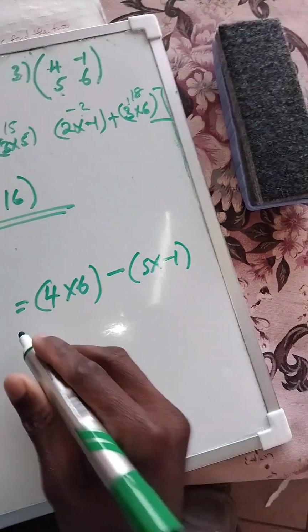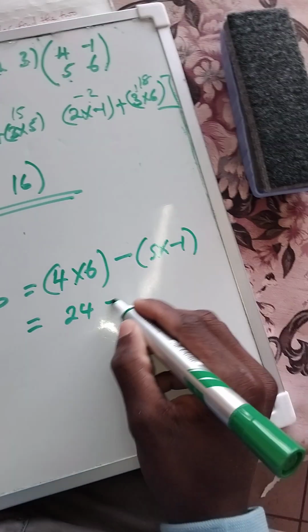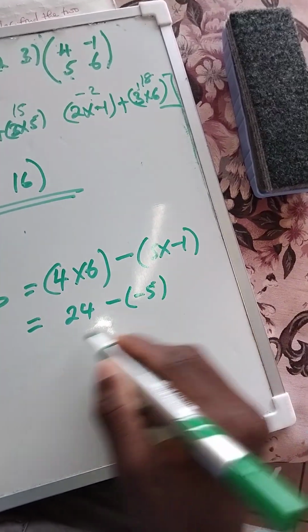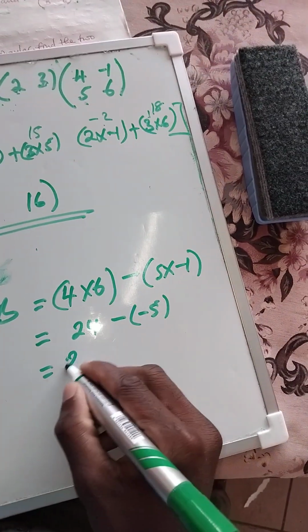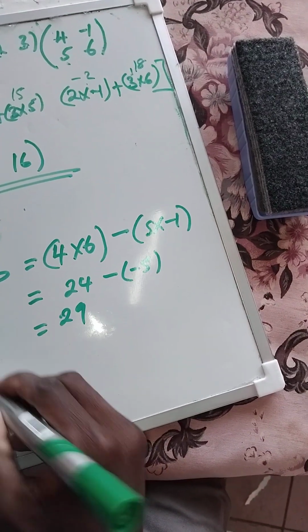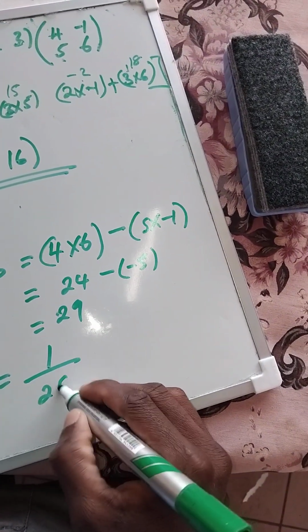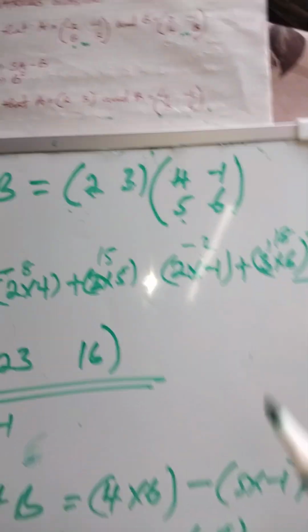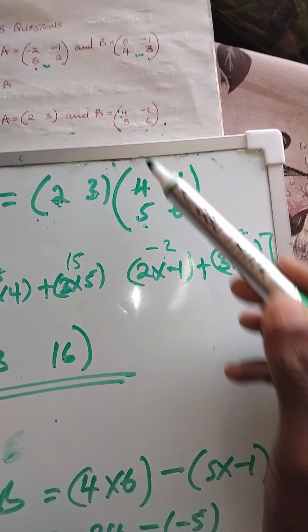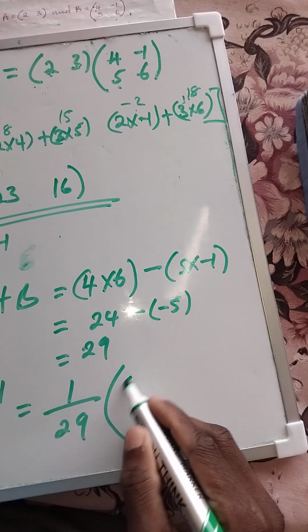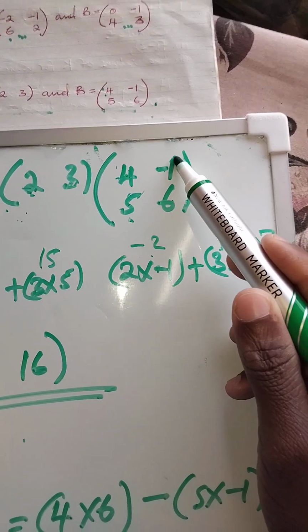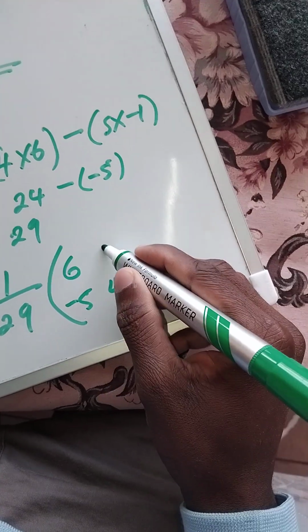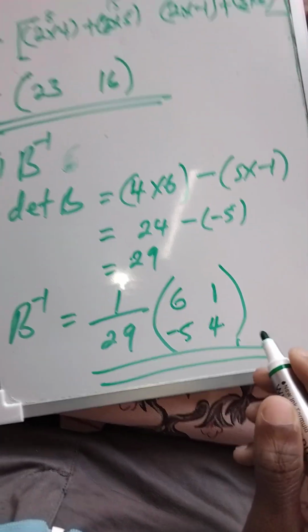So 24 minus -5, so 24 plus 5 is 29. Then our inverse is 1 over the determinant, open bracket: these ones change positions, so we put 6 and 4, then these ones change signs, so -5 and 1. So this is the inverse.